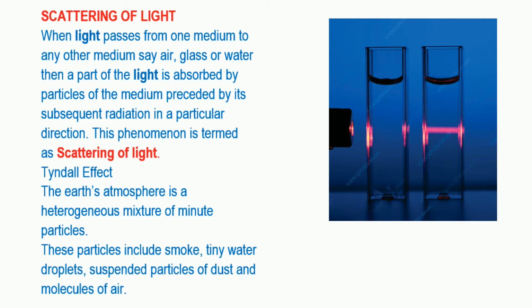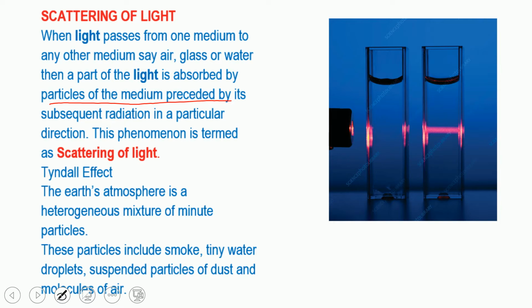This is very important: a part of the light is absorbed by the medium, and then by subsequent radiation, it radiates. Radiation means it emits. It emits that light in a particular direction, and starts to emit these absorbed lights.